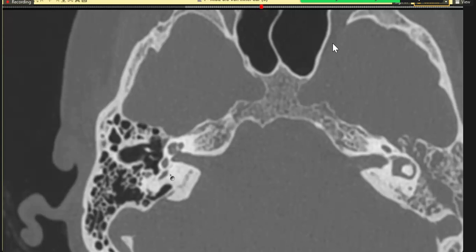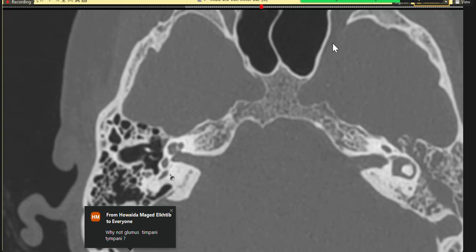So I think you want to ask how we concluded that this was a meningioma. The key thing was that it was not glomus tympanicum. Why was it not glomus tympanicum? One thing was the clinical.